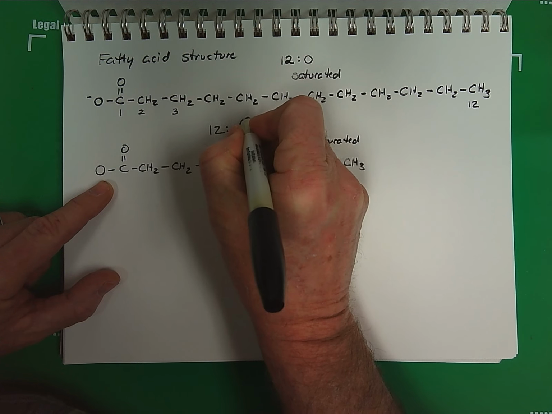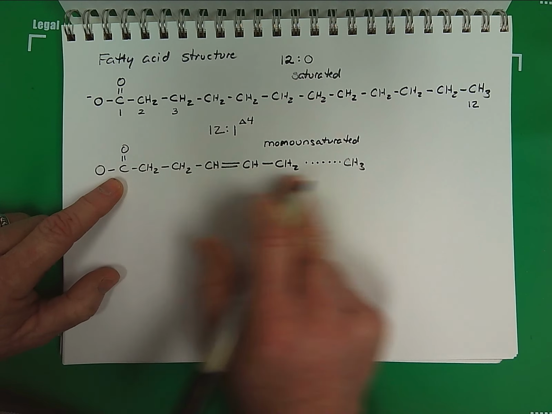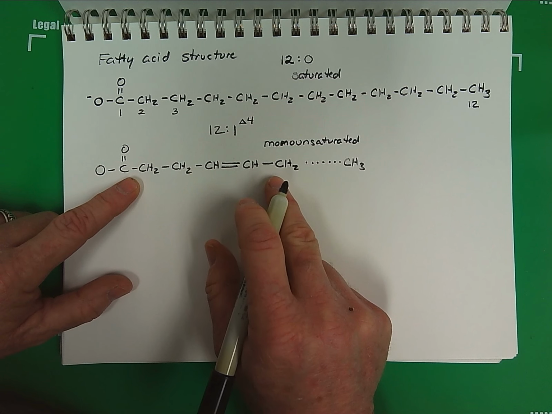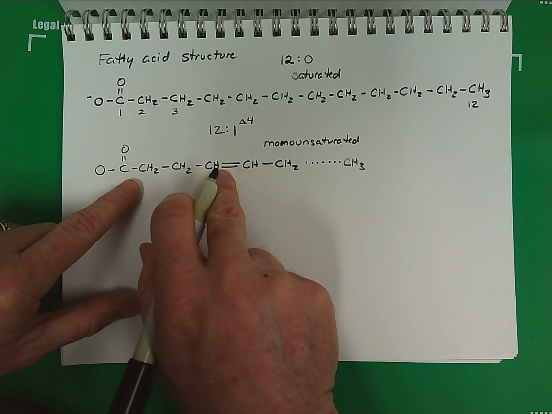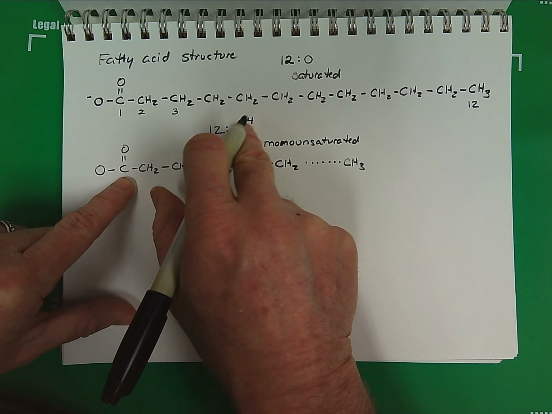And we put delta 4. So with 12 carbons, we have one double bond, monounsaturated. We indicate which carbon the double bond starts at. So it's 12, colon 1, delta 4.